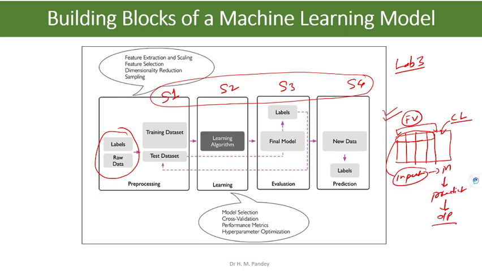So basically you are going to build a model M, and this model will work as a function. If you have input X, that is represented as X, you want to find out Y, that is this class label. And how will you get this?